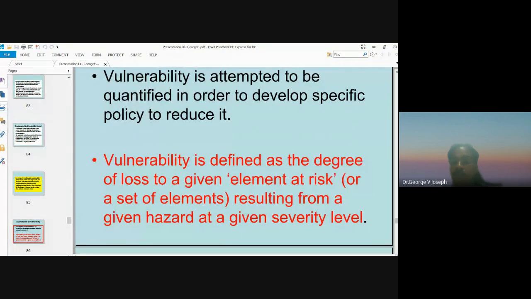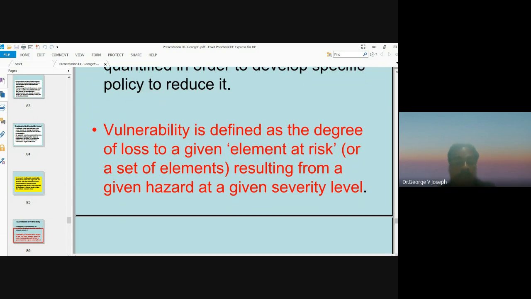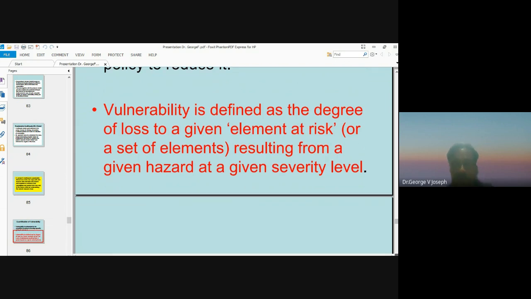So whether it is 20% loss or 30% loss, we can quantify the vulnerability depending on the percentage of the element at risk that is getting affected. So maybe 20% of the buildings may be affected because of an earthquake or landslides. So the vulnerability will be quantified as 20%.